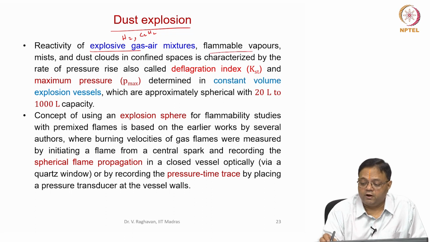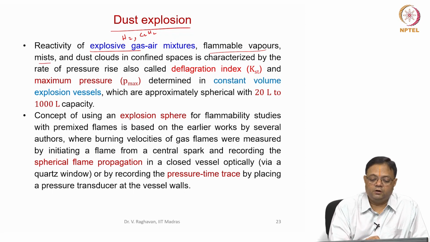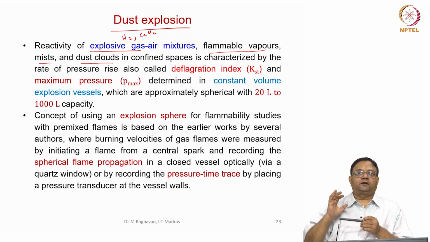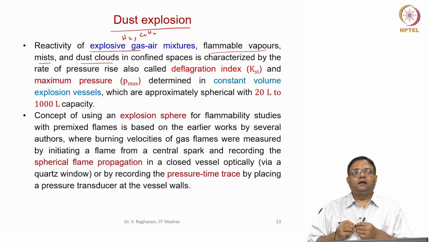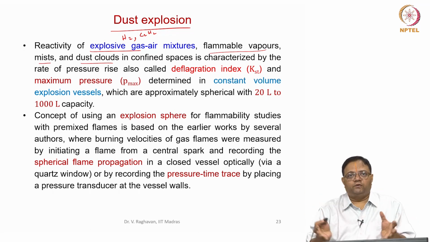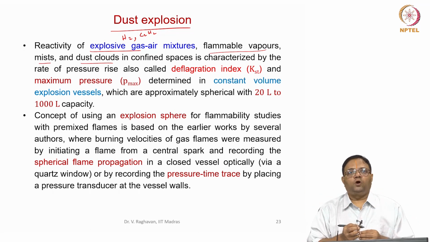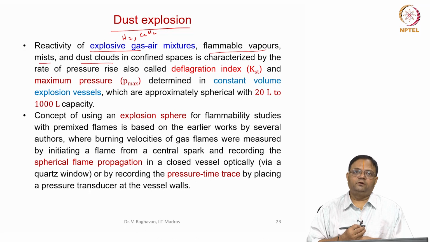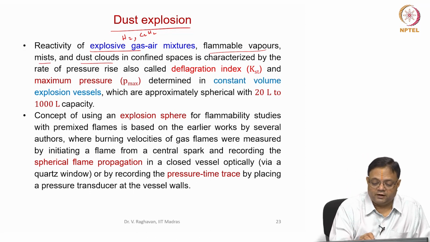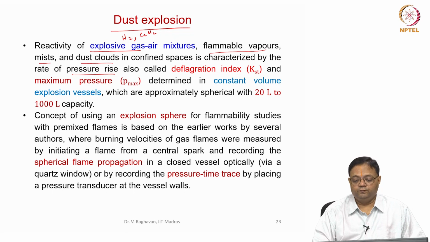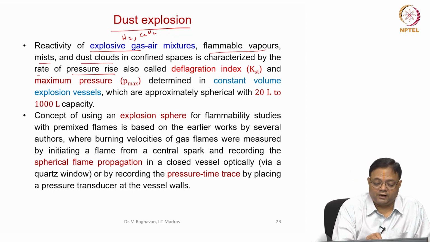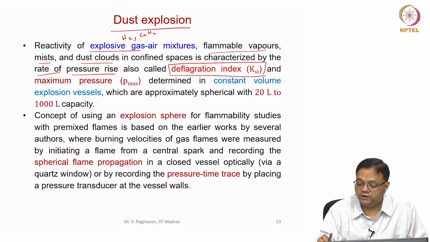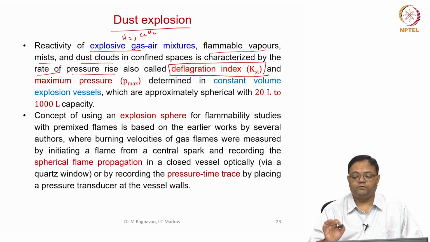Then we can also consider flammable vapors, mists, then dust clouds, etc. How reactive they are is indicated by what happens if they are confined in a vessel of certain volume and ignited, and reaction takes place. This reaction causes a pressure increase within the chamber, and the rate of pressure rise is called the deflagration index, capital KST. This is one of the characteristics.